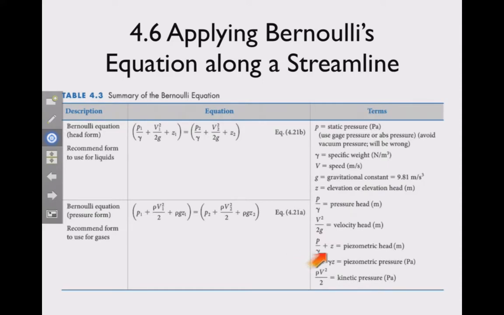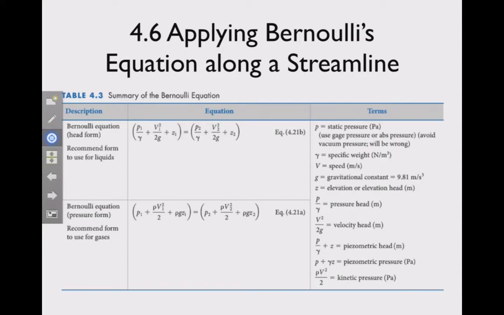P over gamma plus z is the piezometric head, which we saw before, and P plus gamma z is the piezometric pressure. Remember that rho g is gamma. This is the piezometric pressure, as is P2 plus rho g z2. That's the piezometric pressure at point 2. And then we have this kinetic pressure, which I defined in the previous slide.